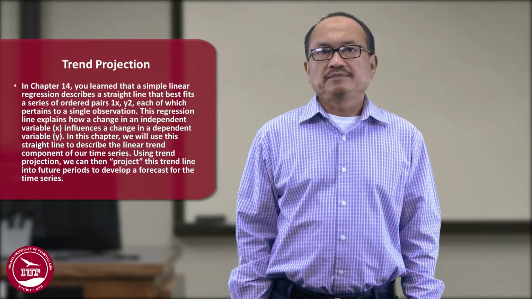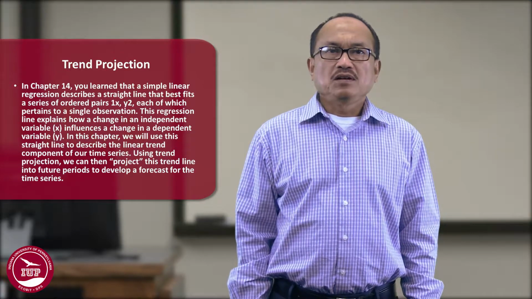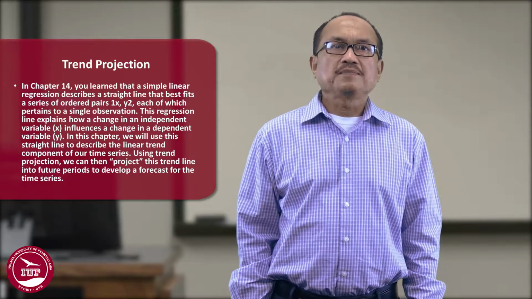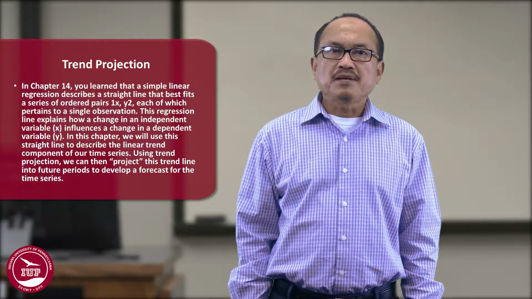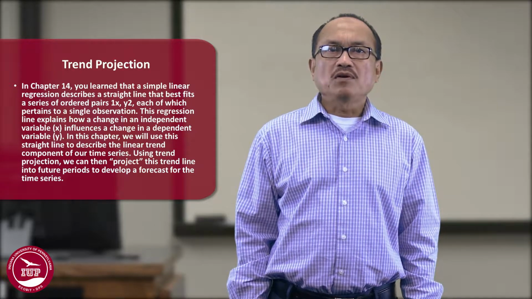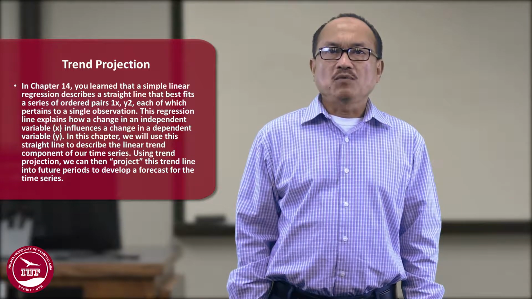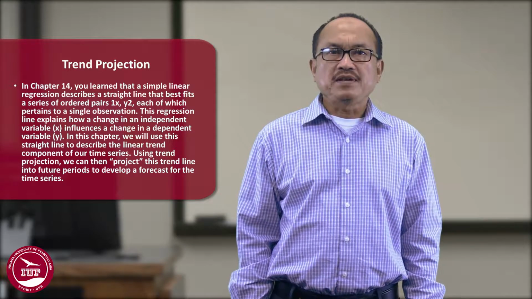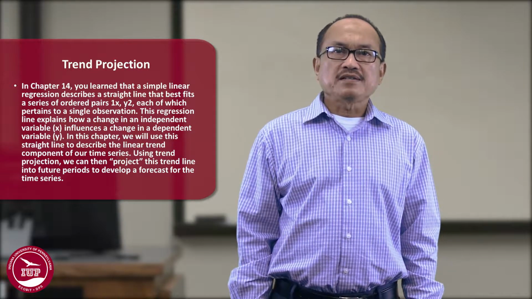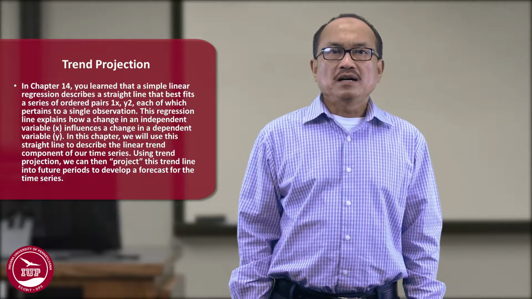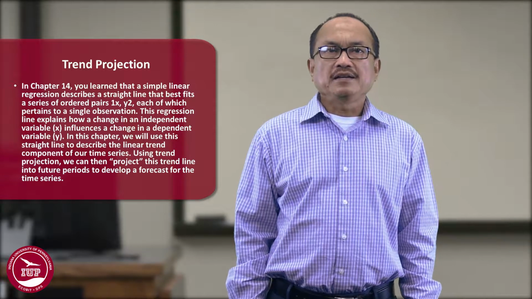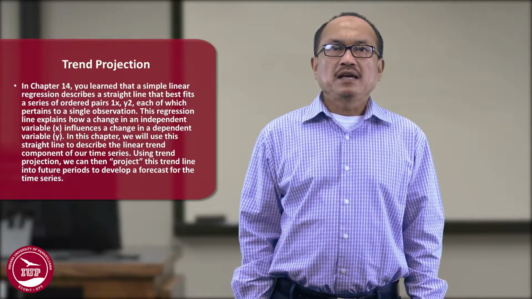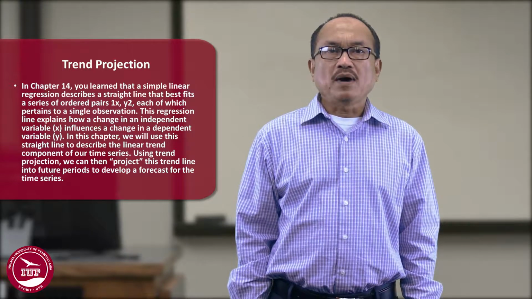Trend projection. In chapter 14, you learned that a simple linear regression describes a straight line that best fits a series of ordered pairs x and y, each of which pertains to a single observation. This regression line explains how a change in an independent variable x influences a change in a dependent variable y.